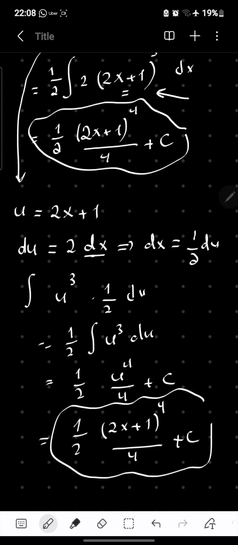So as I told you, it is not very necessary to use integration by substitution in these kinds of examples, but it's very essential in many examples. Let's take one of these examples like this one.